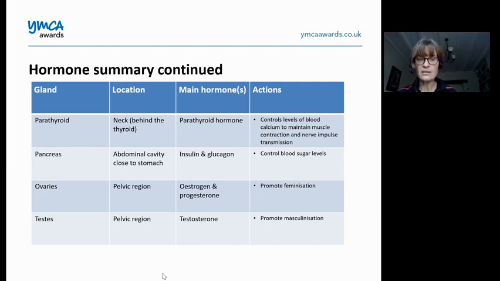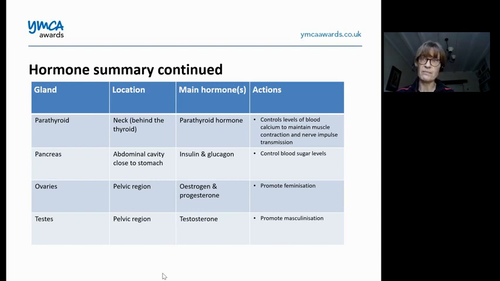Insulin helps to reduce blood sugar levels because it promotes the uptake of glucose by the cells and also the changing of glucose into glycogen, all these Gs, that's stored in the liver and in the muscles.